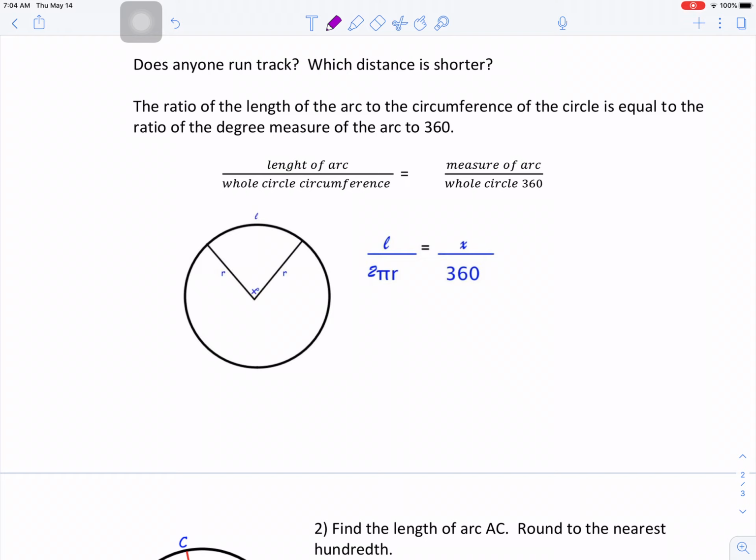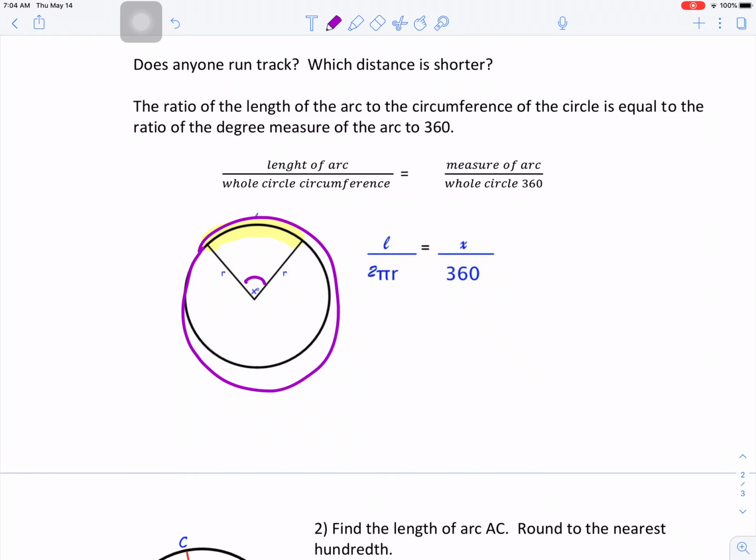The length of the arc compares to the whole circle in the same fractional way that this angle compares to all the way around, or 360. The larger this angle is open, the more of the circle's circumference would be included in our arc.